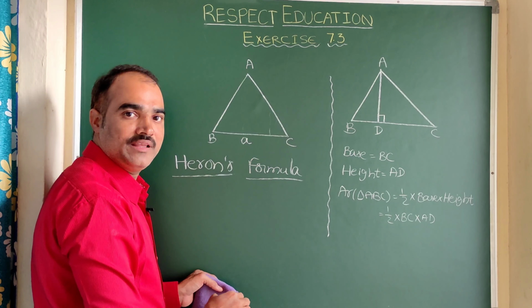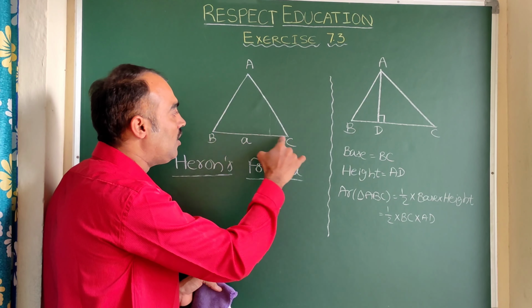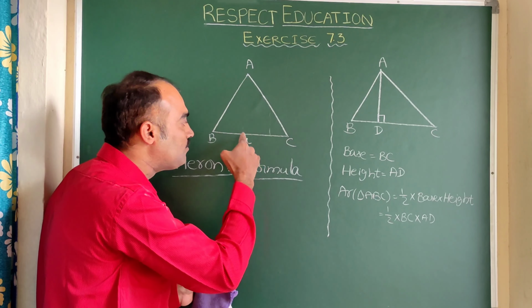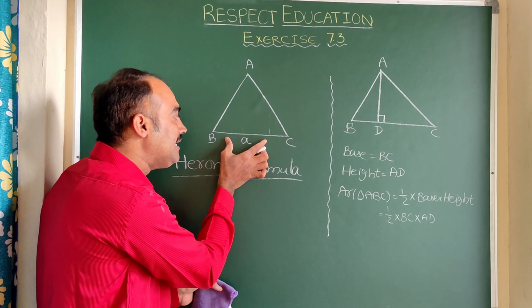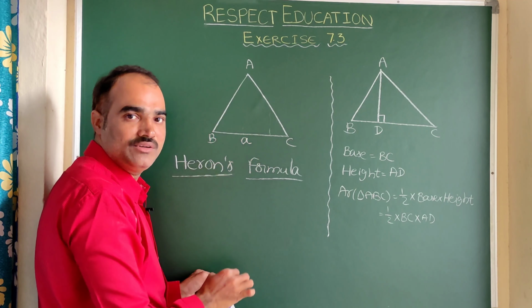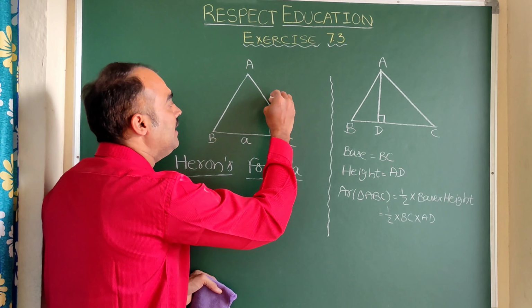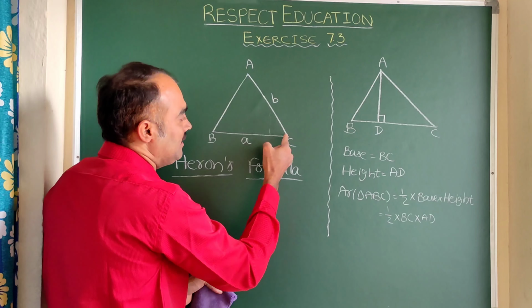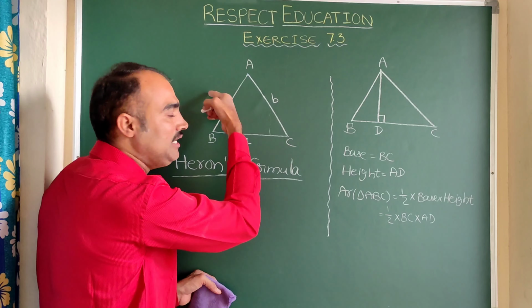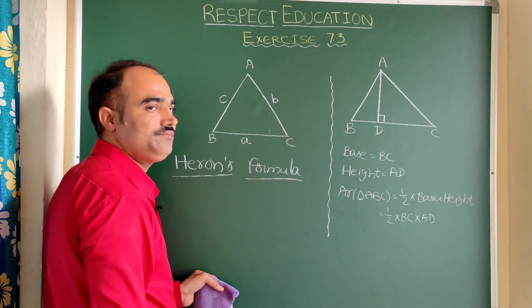The side opposite to the capital A, you take it as small a. That means a indicates the length of BC. Same way, the side opposite to B, you take it as small b. The side opposite to C, you take it as small c.